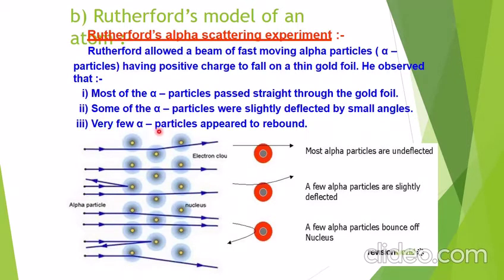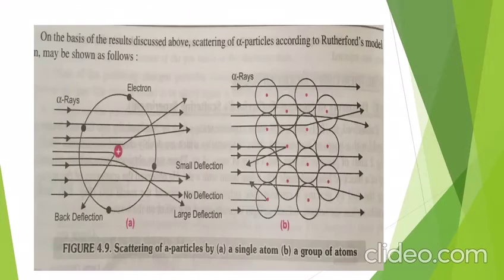And very few particles appeared to rebound. Rebound means they deflected back at a 180 degree angle. That was only one in 12,000 strikes. So this was the experimental observation by Rutherford.